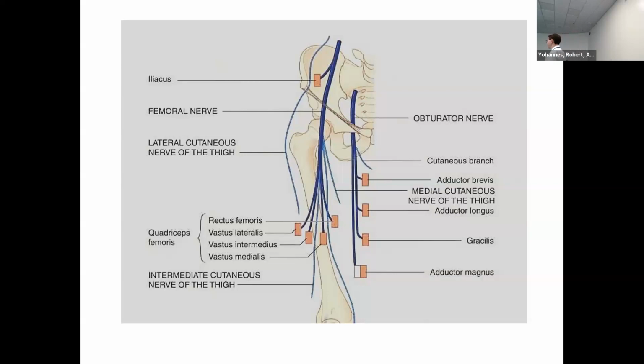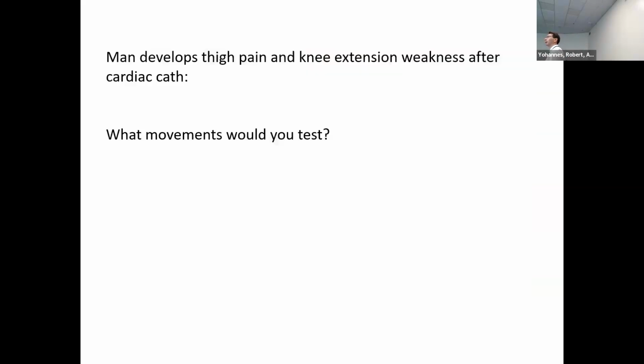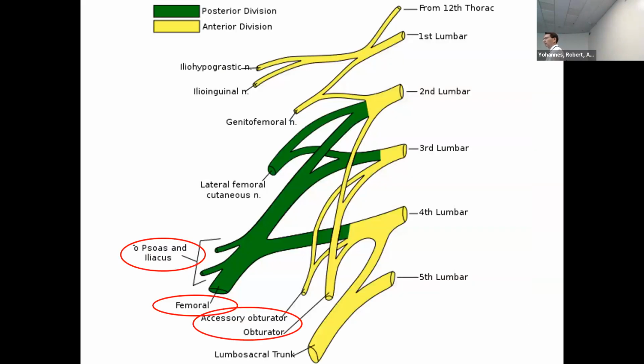And to make our life even easier, remember I told you that there's a third nerve that comes from the plexus, also 2, 3, and 4. And here we have two branches, we'll call them together the obturator nerve. They share, again, just like the other two, the roots 2, 3, and 4, but they do not go through the femoral nerve at all.